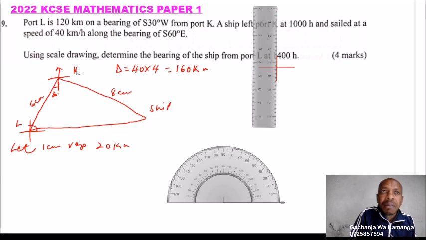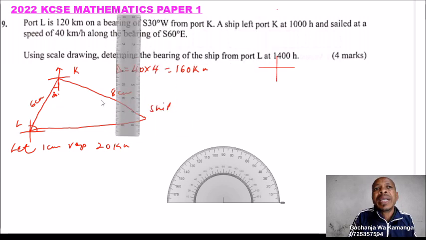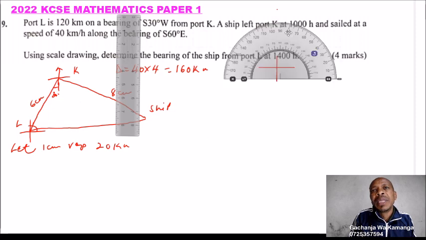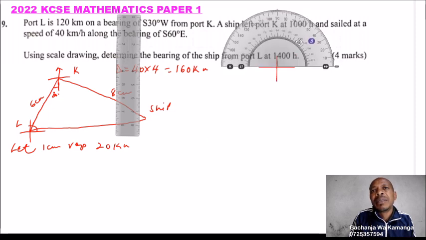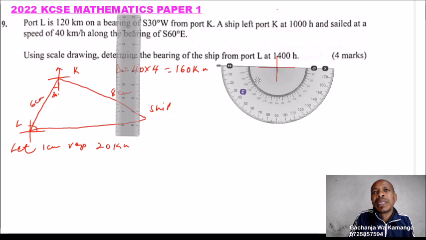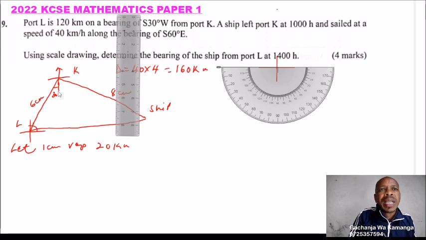From there, we need to get the L. So from south, we come here, and we can put our compass here. We want to measure an angle. So if this angle here is 30, it means this angle here is 60.